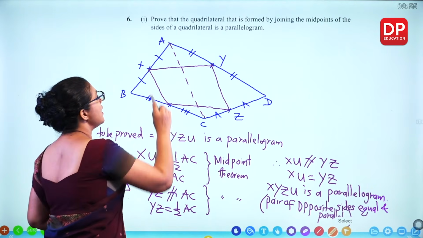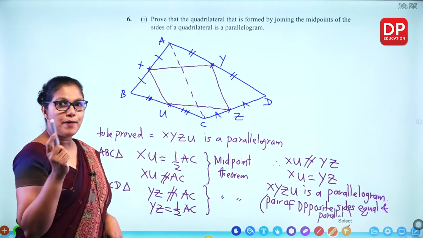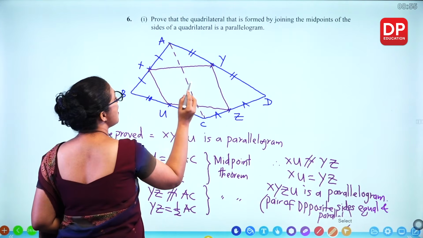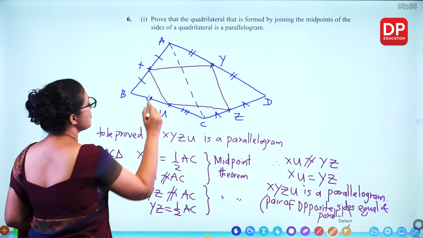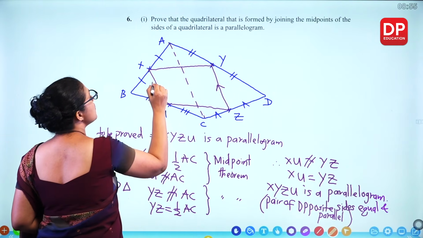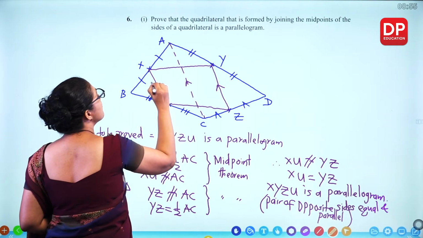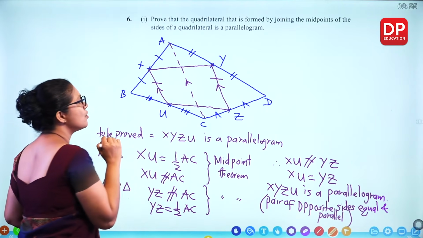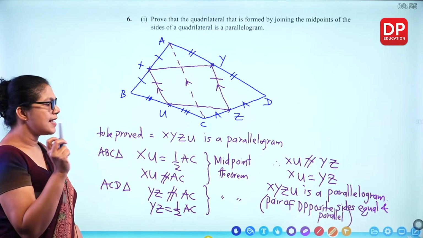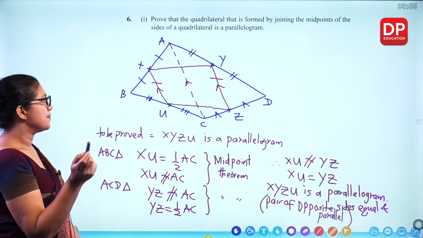So that's why when you join midpoints of a quadrilateral, you get a parallelogram. So this side is parallel to this side as well as this length is equal to this length. A pair of opposite sides equal and parallel.